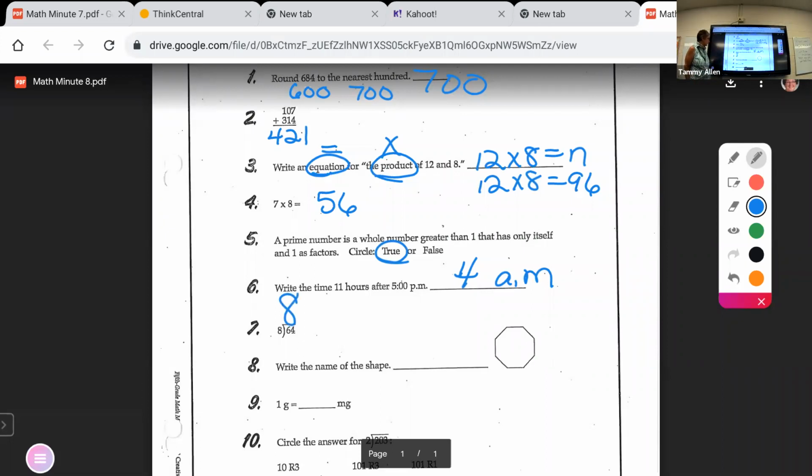And number 8, what is the name of this shape? How many sides does this shape have? Anybody from home want to join in? How many sides? Diana? 8. It has 8 sides, so therefore it is?